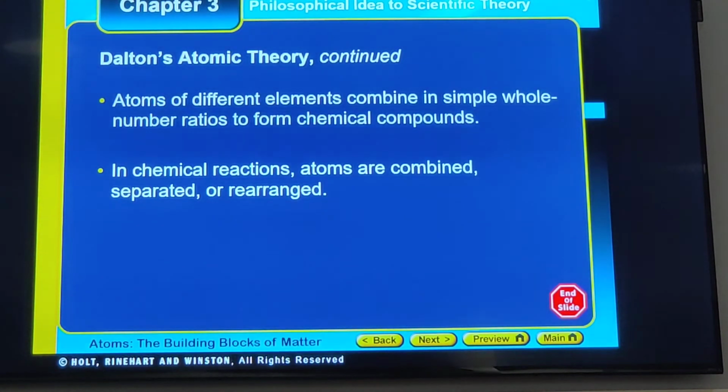So when a chemical reaction takes place, you have atoms that are just separating from each other and they're regrouping, okay? But all the atoms are there at the end. They just maybe are now in different groups than they started out with. Okay, so they're just combined. They'll separate from each other and rearrange in new patterns.